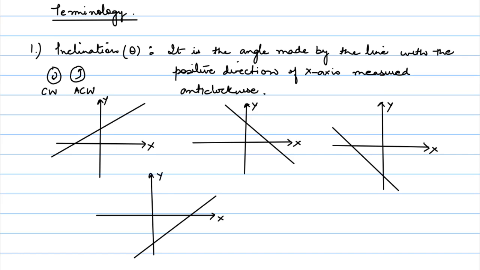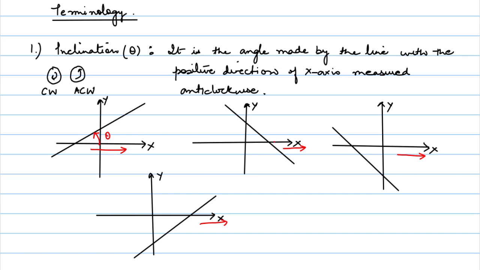Now, what is angle theta? Angle theta is the angle made by the line with the positive direction of the x-axis. Which is the positive direction of the x-axis? This direction is the positive direction. The angle made by this line with the positive direction of the x-axis, measured anti-clockwise, is theta.